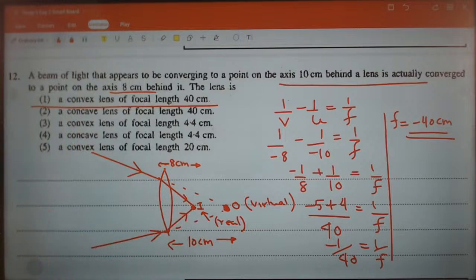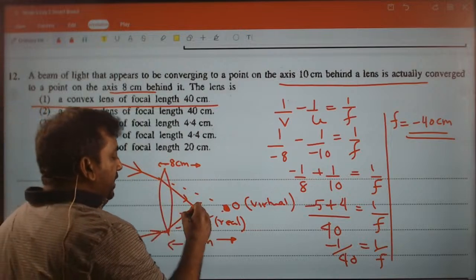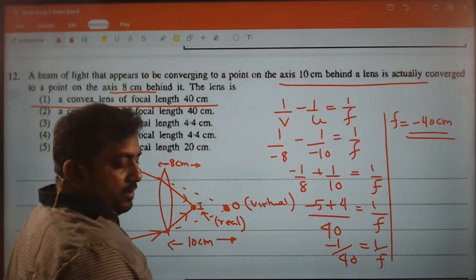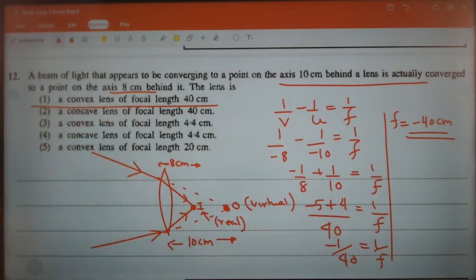And it will actually converge to form a real image.